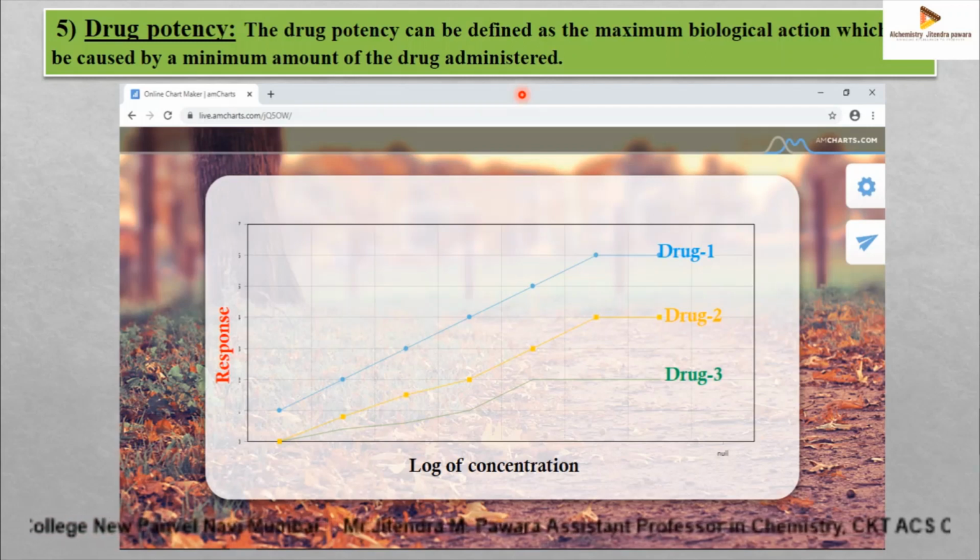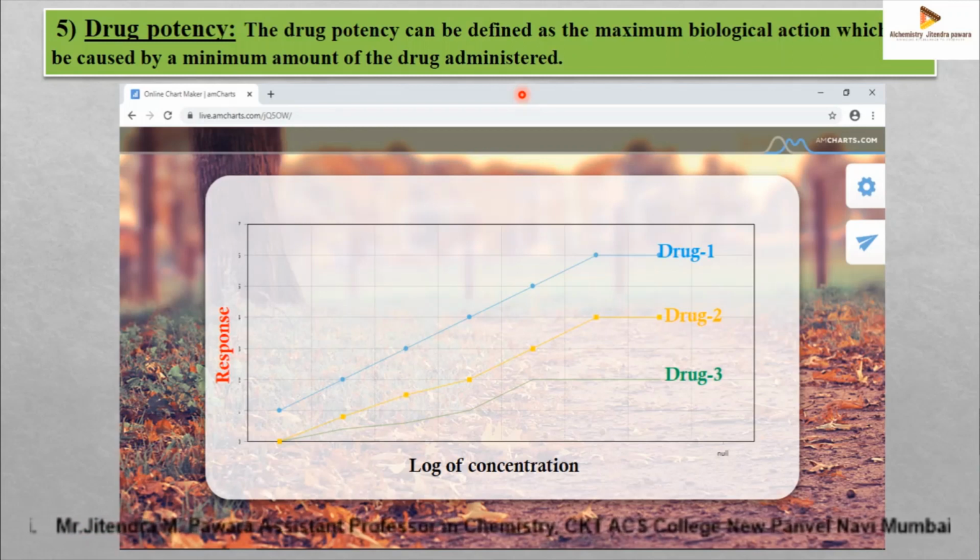However, even a large dose of codeine cannot effectively relieve severe pain, which can be relieved by a smaller dose of morphine. So you can say that morphine has a higher potency because it is effective in a smaller dose.